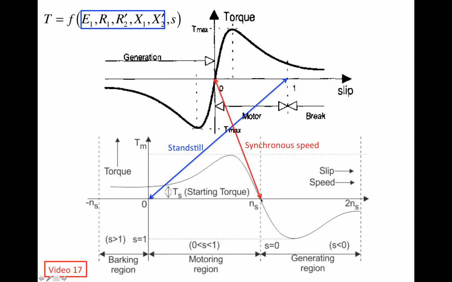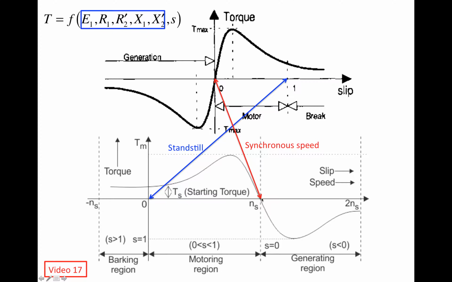There's no induced voltage and no induced current inside the rotor, so there's no induced Lorentz force inside the rotor. If there's no induced Lorentz force, then there is no torque. Torque is force times the radius. The radius is non-zero, but the force is 0, so the torque is exactly 0, no torque at all.